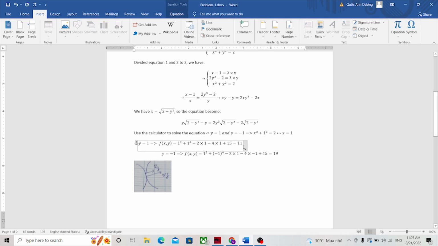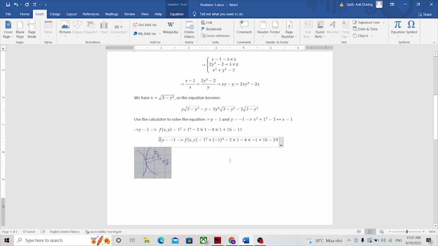So we can see that 11 will be the minimum value of f(x,y), and 19 will be the maximum value of f(x,y).